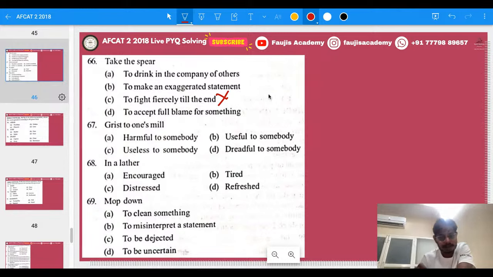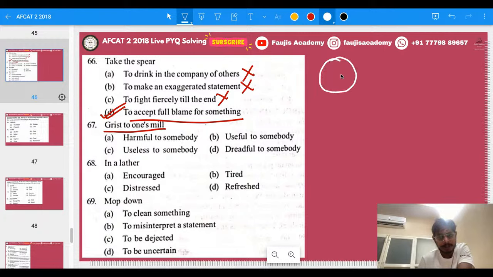Yes, Devanathan, absolutely. Grist to one's mill. Grist is like, our grandpa used to have this round stuff, a grinder.